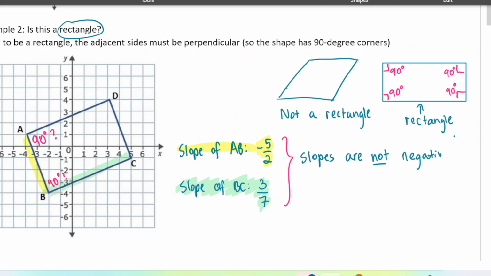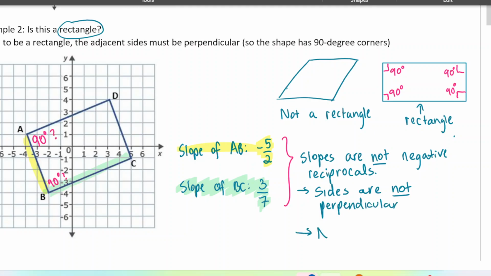They're opposite signs for sure, but the numbers are totally different. So the lines are not parallel. Sides are not perpendicular. And so this is not a rectangle.